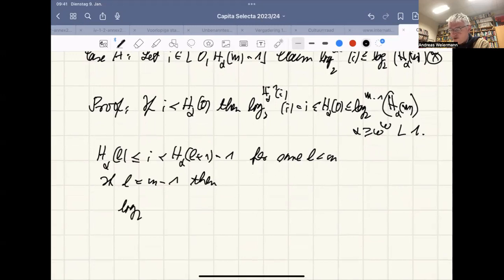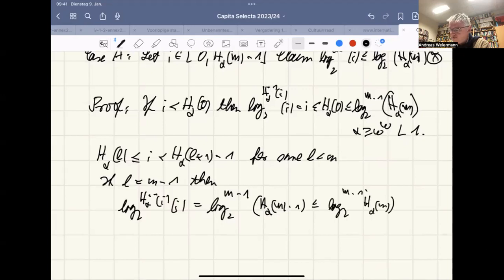Then log 2 of h alpha inverse of I is equal to log 2 of m minus 1. So h alpha inverse in this interval gives L, which is m minus 1, which is equal to h alpha of m minus 1, bounded by log 2 of m minus 1 of h alpha of m. So that's fine.